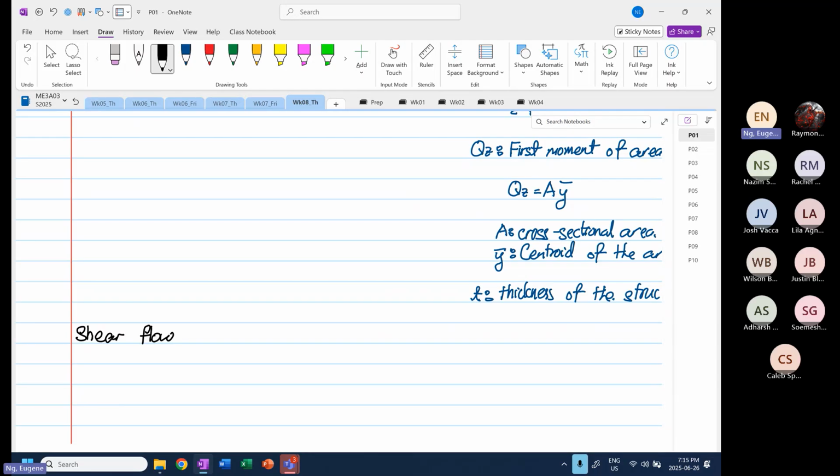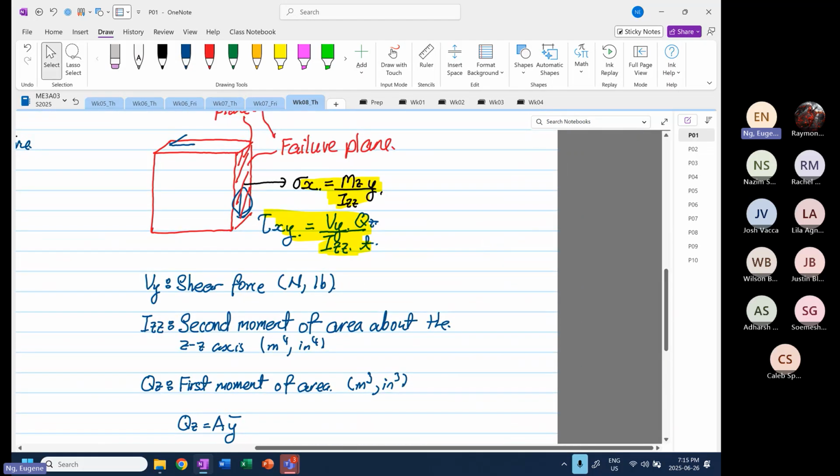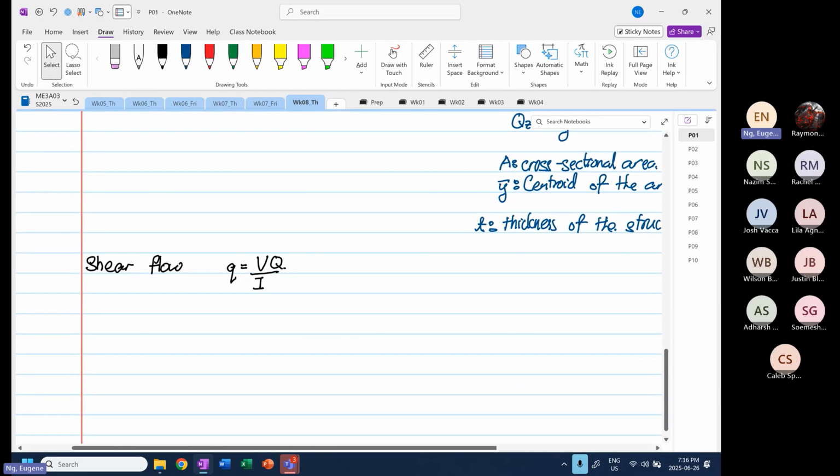Okay, and the formula very similar to shear stress is q is equal to V over I multiplied by Q. The only thing we omit is what? Is the thickness, right? If you were to compare over here, okay, the shear stress, you have V over I multiplied by Q over t, right? For the shear flow, small q is equal to V capital Q divided by I.